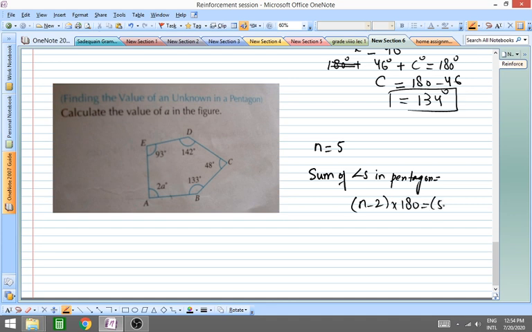So 5 minus 2 into 180. So your total angle would be 540 degrees. It means if you add up all these 5 angles, the answer would be 540.